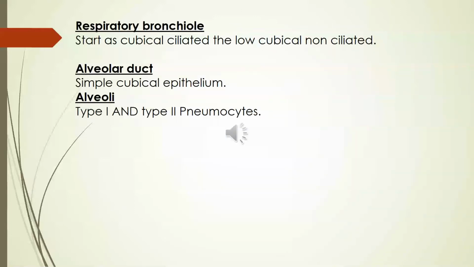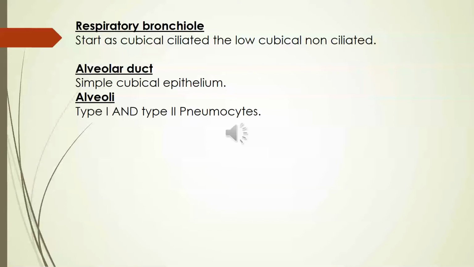The lining epithelium of the respiratory bronchiole is a simple cuboidal epithelium, which is ciliated in the upper portion and loses its cilia as we go down in the lung. The alveolar duct is also lined with simple cuboidal epithelium.